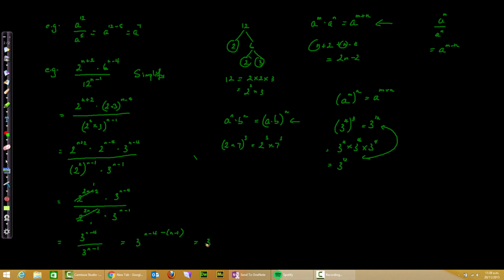Okay, what's that going to give? 3 to the power of n minus 4 minus n plus 1. Okay, what does that simplify to? n take away n is 0, negative 4 plus 1 is negative 3. Oh, there we go. So it does simplify to 3 to the power of negative 3.